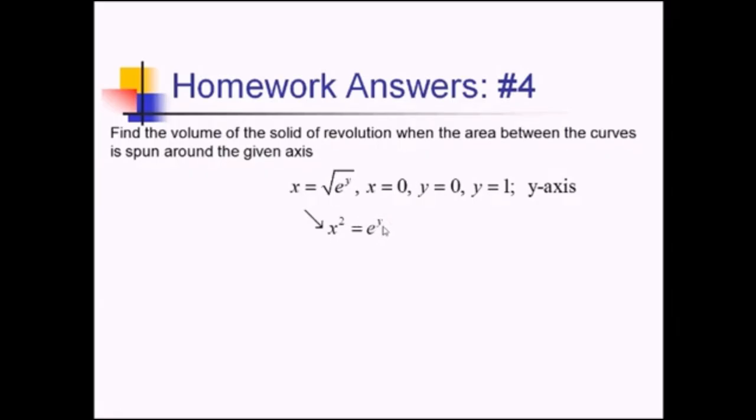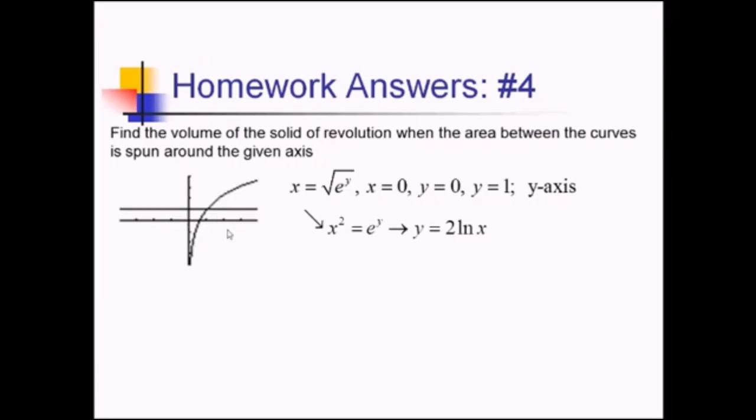So on one side, I'm going to just have y. On the other side, I've got ln of x squared, which I can write as 2 ln of x if I pop out that 2. So we know what ln looks like, basically. So just sketching this out, I've got a logarithmic function, and I've got this horizontal line at y equals 1, so it looks something like this.